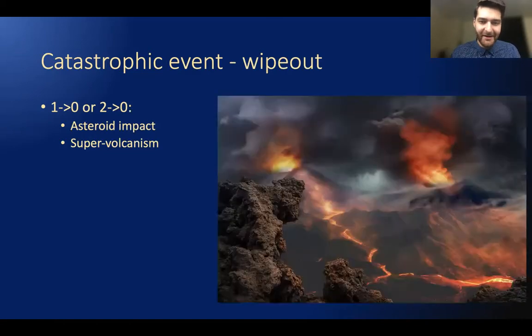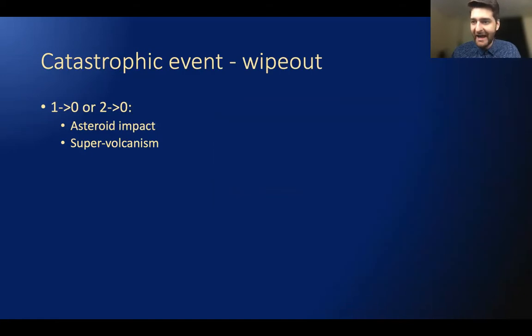So you can have super volcanism. For some planets, you can have too strong volcanic activity, too many volcanoes, and that might wipe out life there. We already had huge volcanic eruptions in our history, so that's how we know about this.